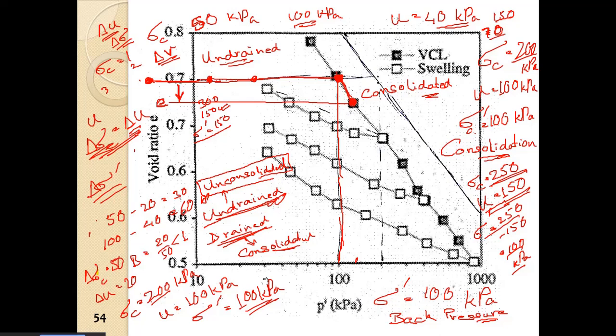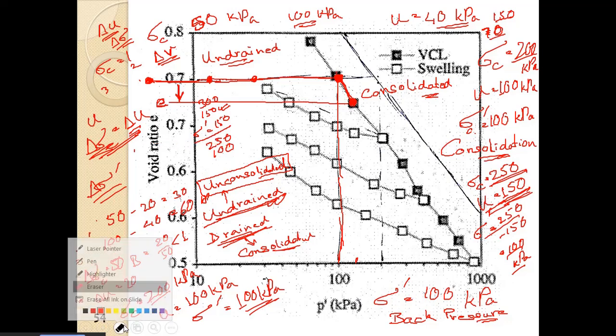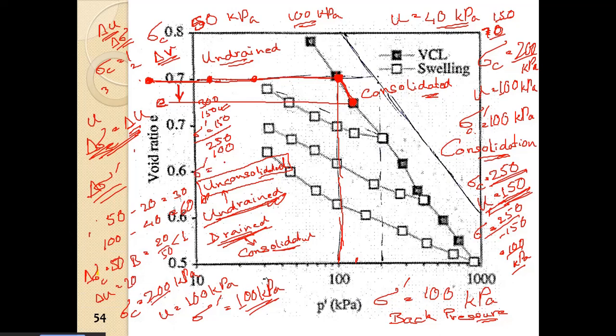We can achieve the same amount of consolidation by lowering the pore water pressure as well. If we keep sigma C constant at 250, and we lower the pore water pressure from 150 to 100, then also the effective stress will be 150, and the same amount of consolidation in the soil sample will take place.